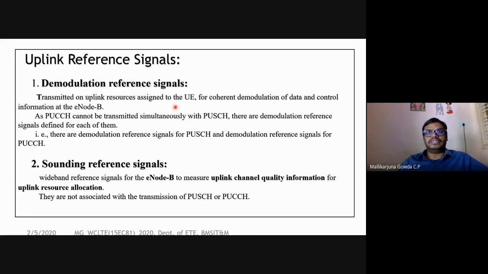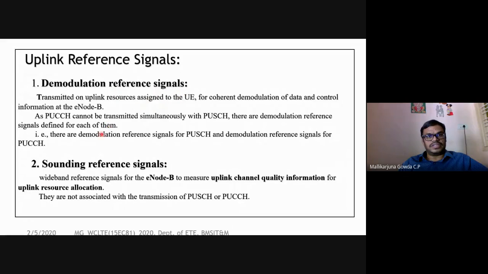As we are aware, the physical uplink control channel cannot be simultaneously transmitted with the physical uplink shared channel because they are time division multiplexed. So for each channel, there is one demodulation reference signal. I can say there are demodulation reference signals for PUSCH as well as for PUCCH.